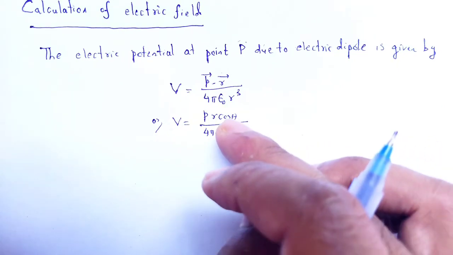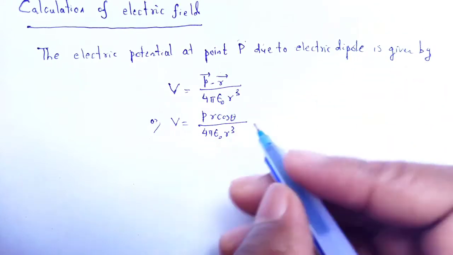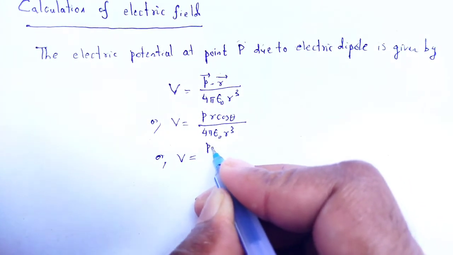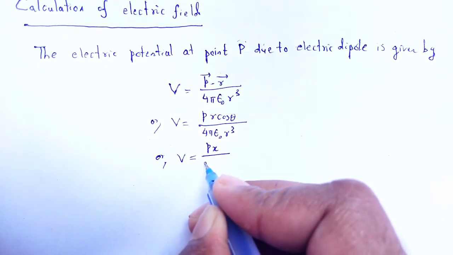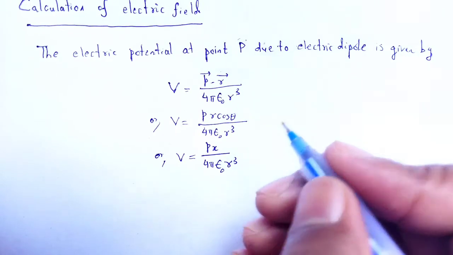So in place of R cos theta we substitute x. V is equal to P x divided by 4 pi epsilon naught R cube.